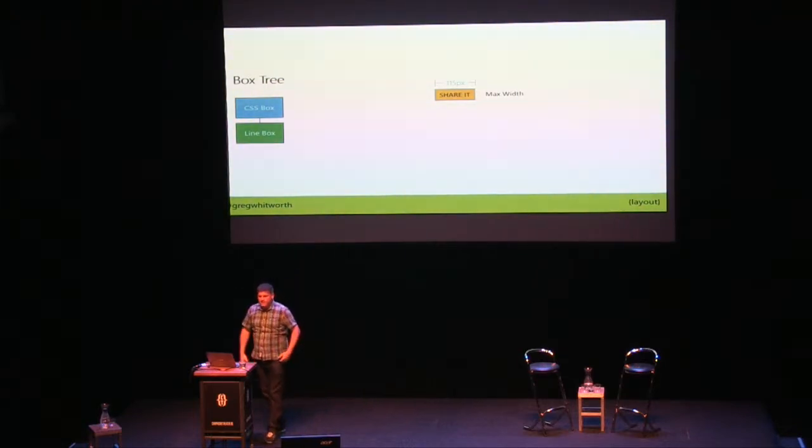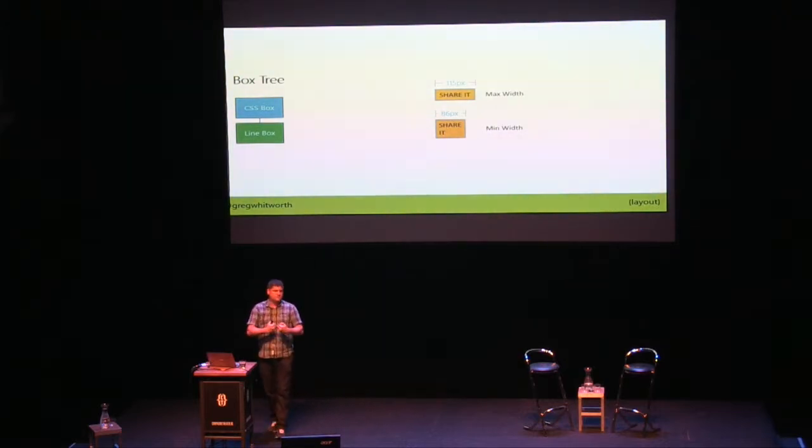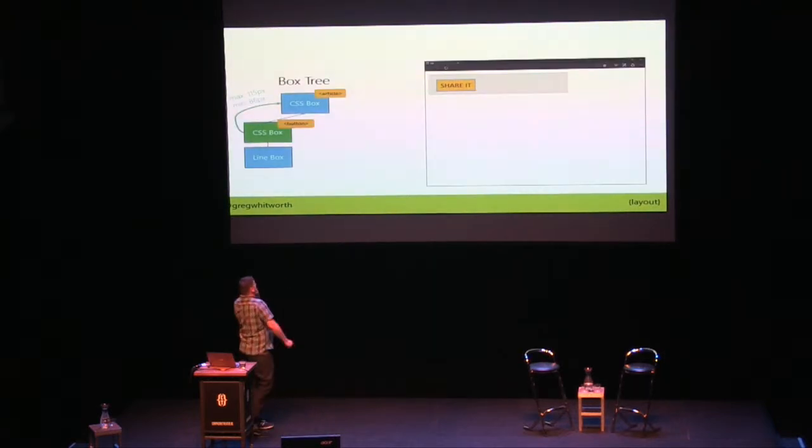That would be the max width. We then scrunch that content down as small as possible with the longest word without it overflowing, and that becomes your min width of the content. So here we have the min and the max width. We return this information back to the parent, and the parent's like, okay, cool, I totally have space for that. Go ahead and take your max width. So we end up doing that.